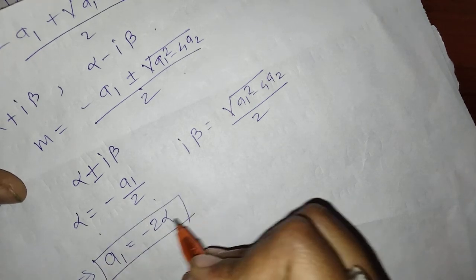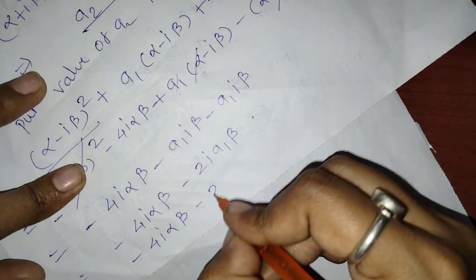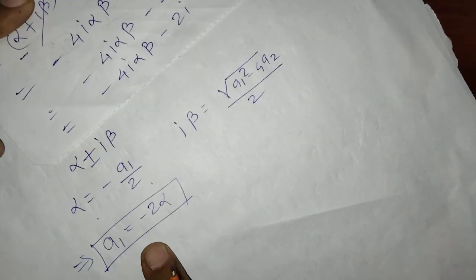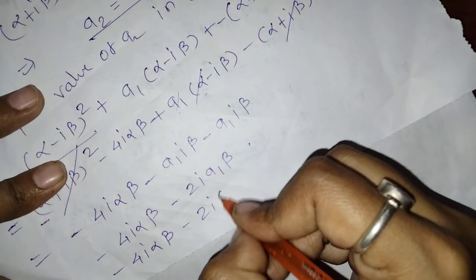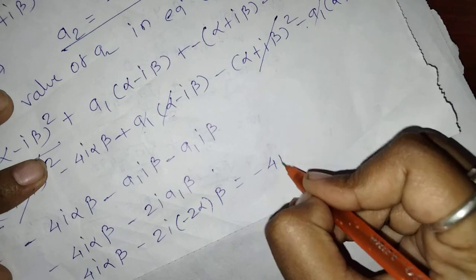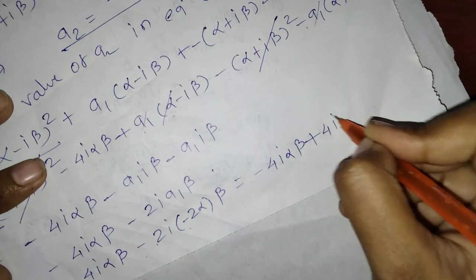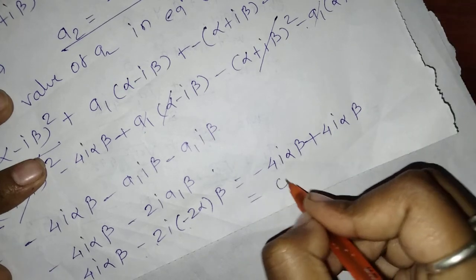Now put a1 is equal to minus 2 alpha in this equation. So 4i alpha beta minus 2i a1, which is minus 2 alpha, beta, which is equal to minus 4i alpha beta plus 4i alpha beta, which is equal to 0.